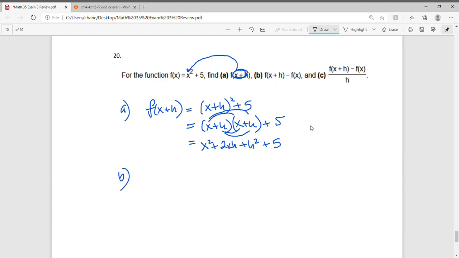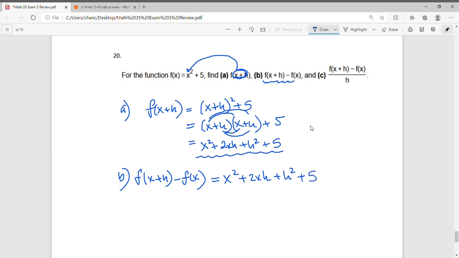For part B, I'm looking for f of x plus h minus f of x. Well, we know what f of x plus h is. We did it in part A. So let's just copy that part. That's x squared plus 2xh plus h squared plus 5.